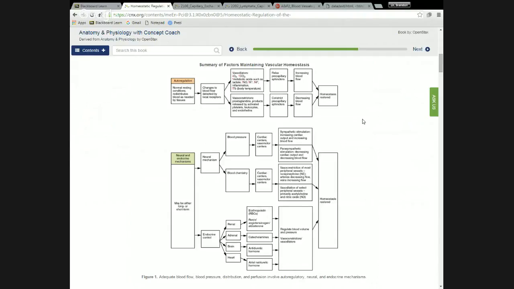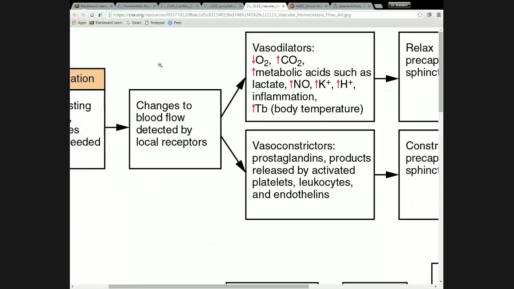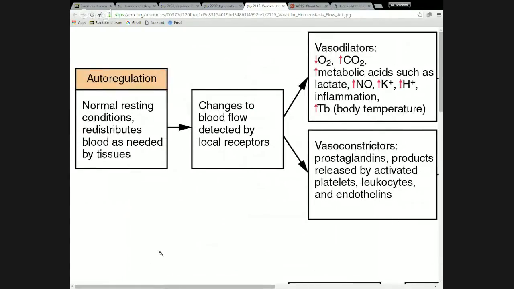It lays out the processes that play a role in regulating blood pressure. The top part of it is talking about autoregulation, how blood vessels kind of regulate themselves. If blood vessels stretch out too much because blood pressure is high, they'll respond with things to lower blood pressure themselves.